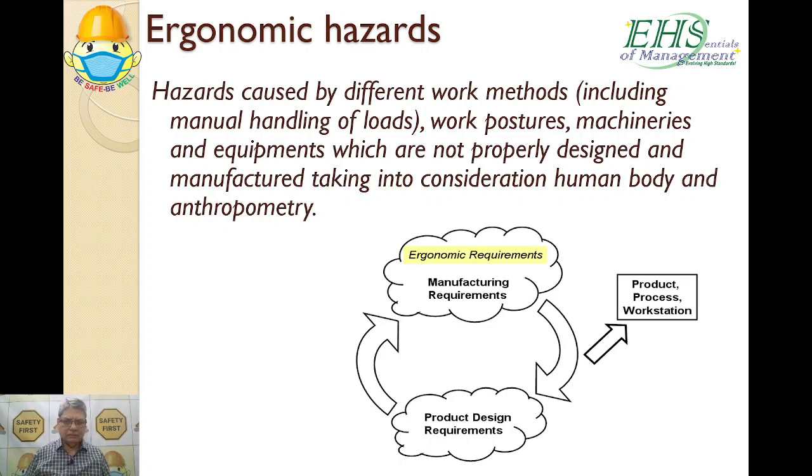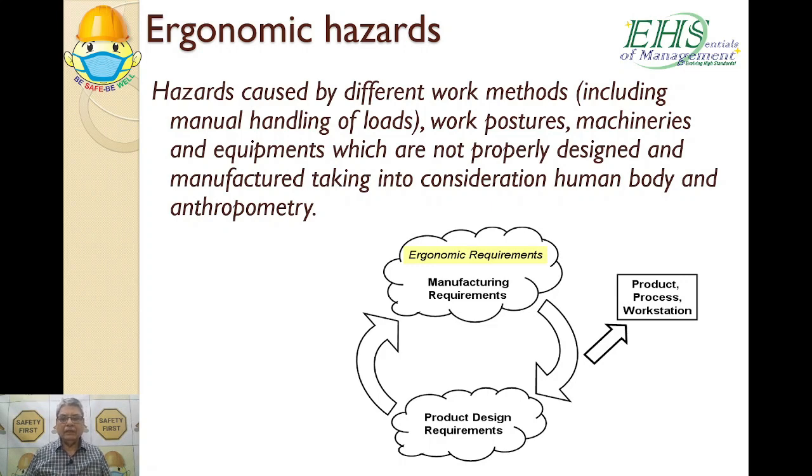So in this diagram you can see that there are certain product design requirements, and accordingly there are certain manufacturing requirements of that particular product. But in that manufacturing domain, you have to incorporate the ergonomics requirements of the workers who are working on the machines.